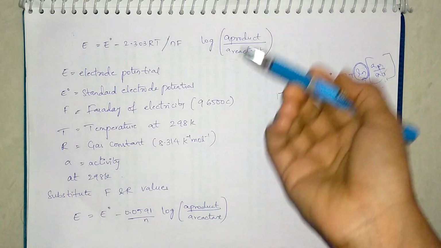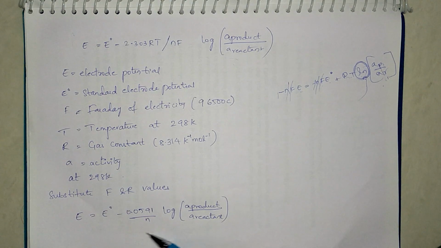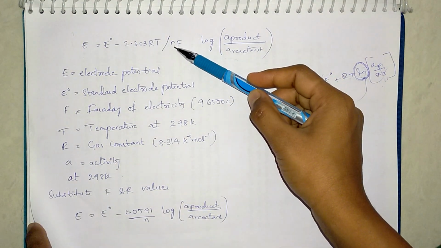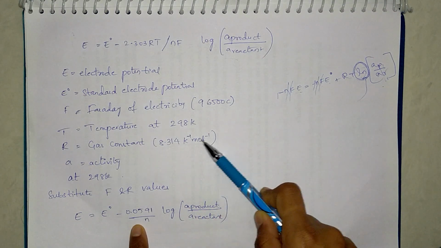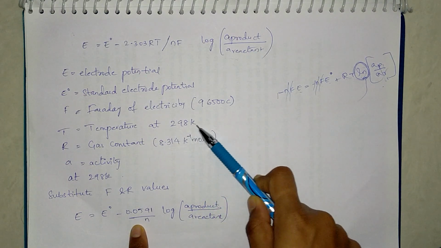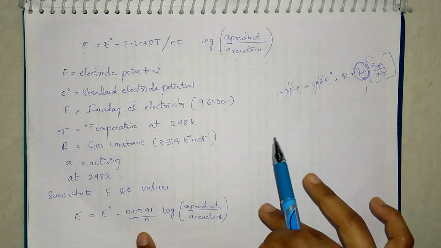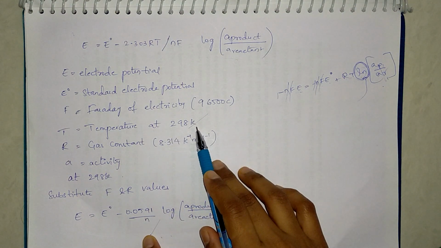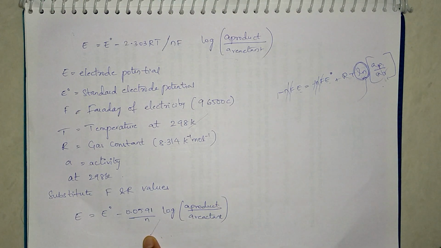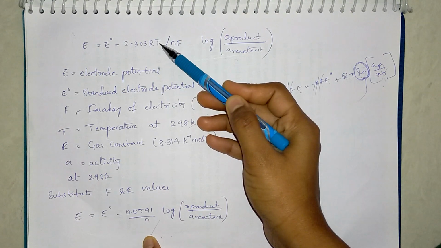Even after substituting the F and R values, we get this as the basic formula, so we don't have to substitute R and T again. If the operation is taking place at 298 Kelvin, you can directly use this formula. If the temperature is not 298 Kelvin, then you have to use the other formula, because you have to substitute that temperature.